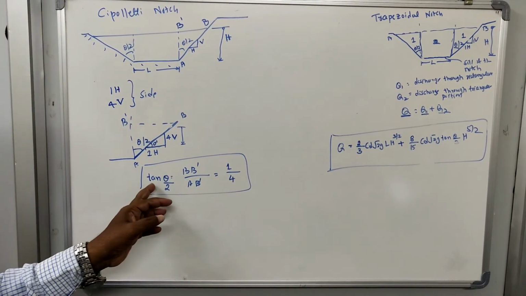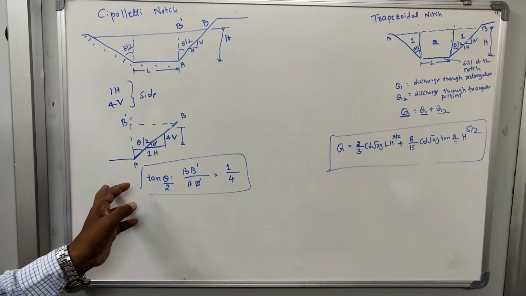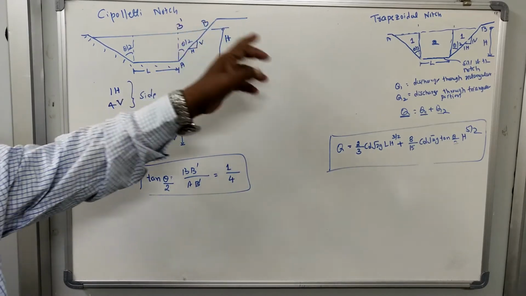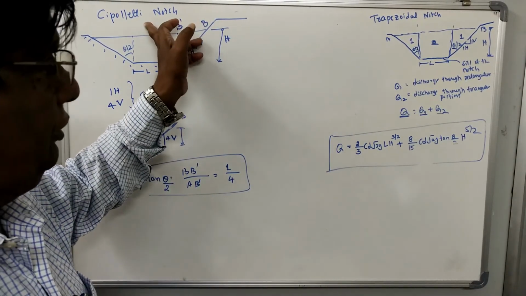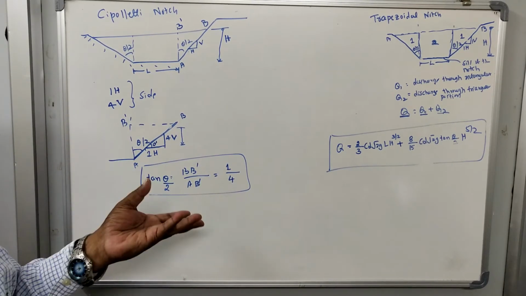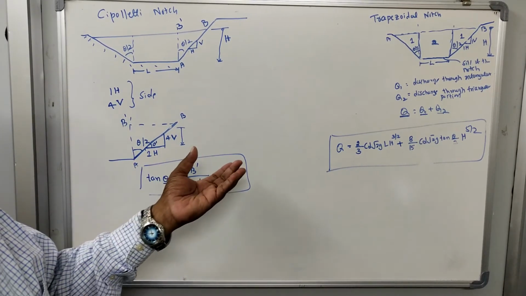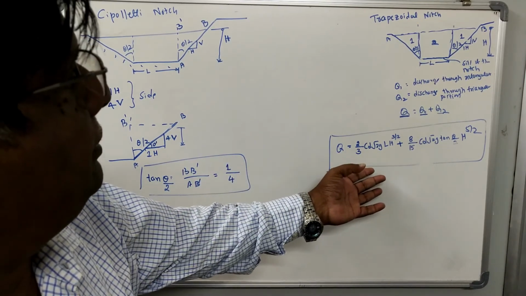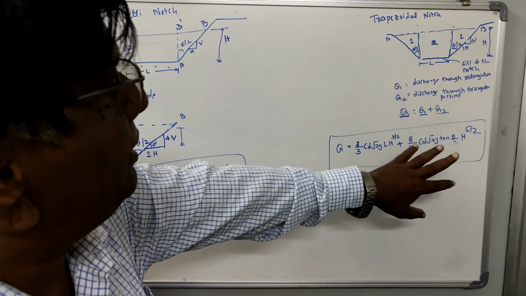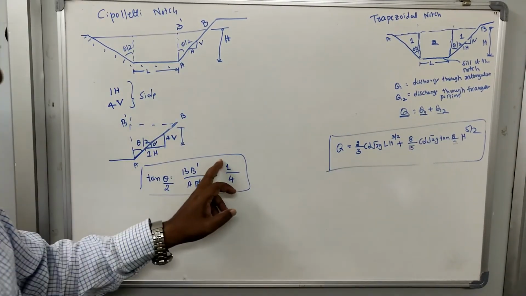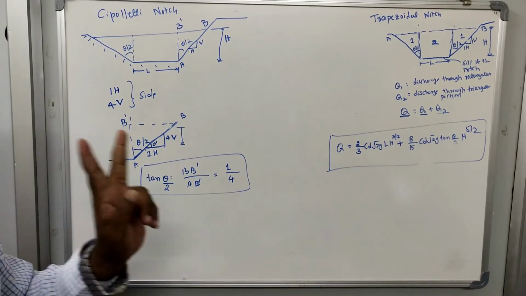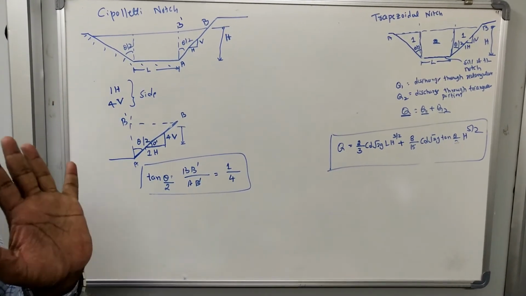In the case of the Cipolletti notch, you only make use of tan theta by 2 equal to 1 by 4. Then you can use the same discharge equation as for the trapezoidal notch. The rest of the values are the same. Only if it is a Cipolletti notch, take tan theta by 2 equal to 1 by 4.